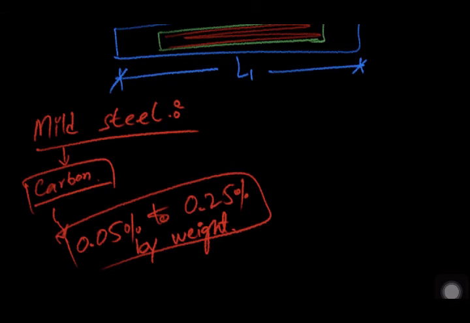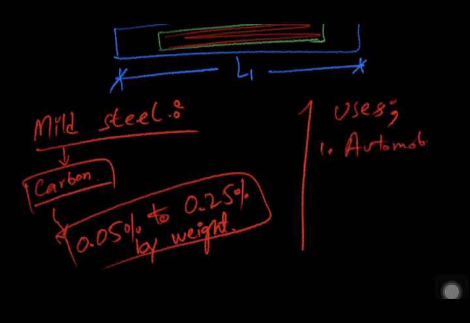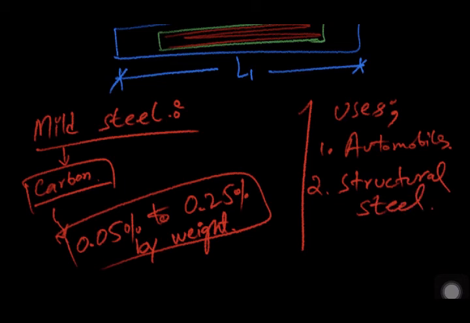This gives us the advantage that we can use it in automobiles, and as a structural steel. There are many other advantages also, but these are the two uses I am mentioning right now. So this is all about mild steel.